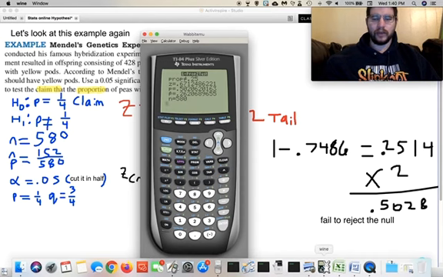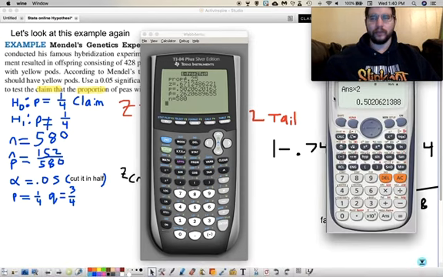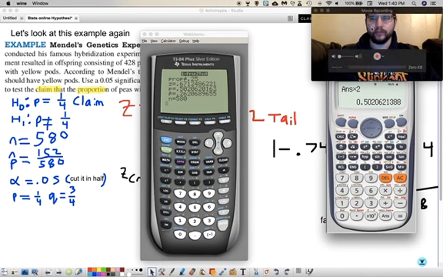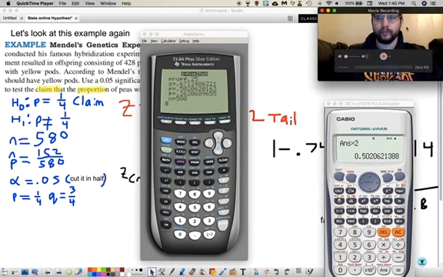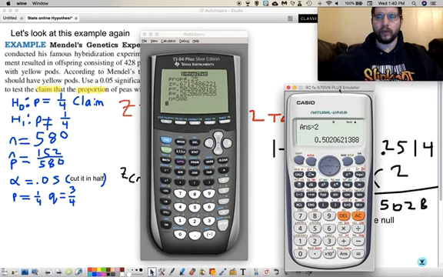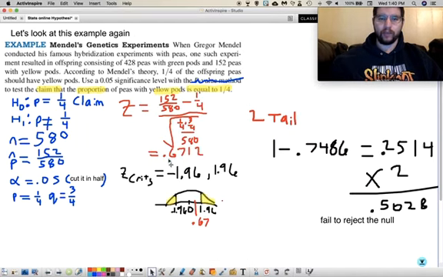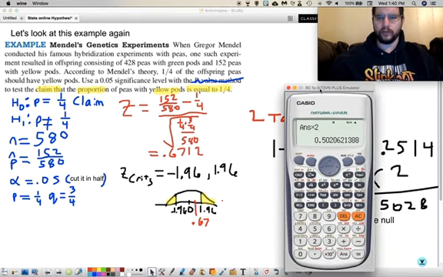Okay, if we look at the Casio, what did we do on the chart? We looked up the area to the right of 0.67. Well, think back a few chapters. How do we find the area underneath the curve?